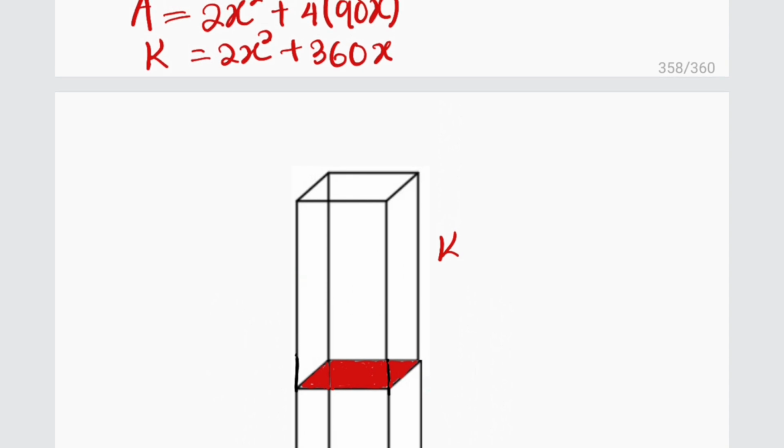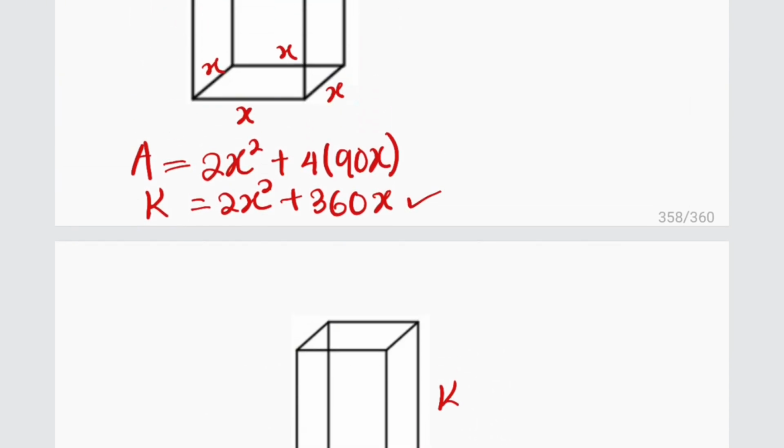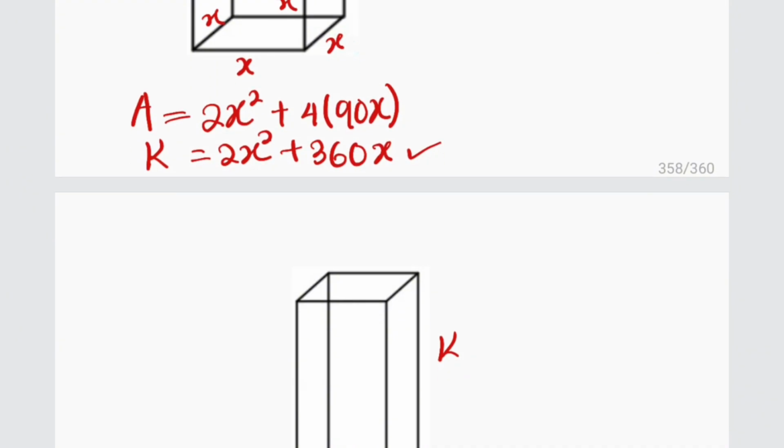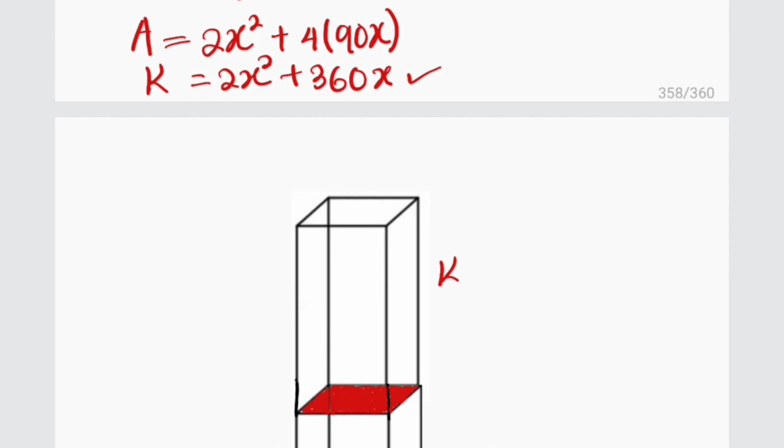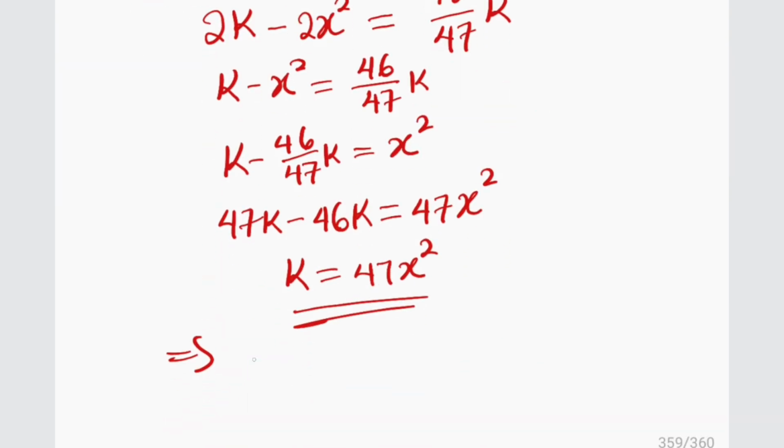But remember, k is the whole expression 2x squared plus 360x. So this implies that 2x squared plus 360x is equal to 47x squared.